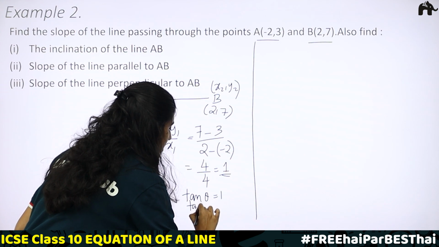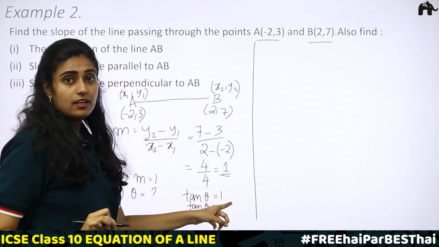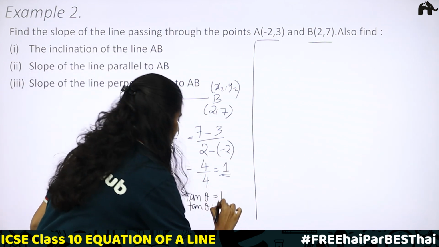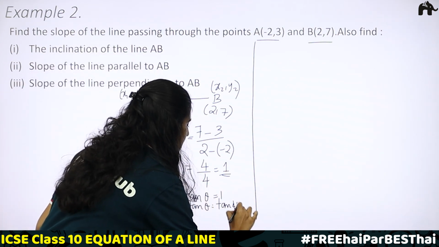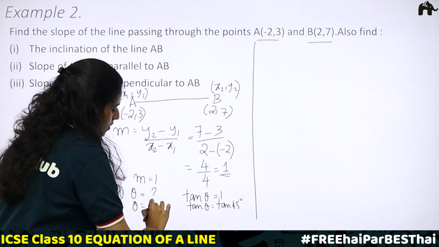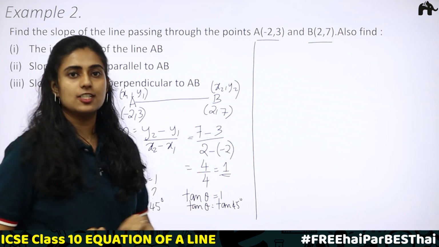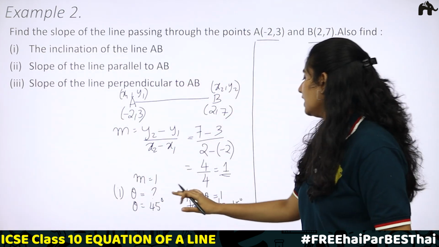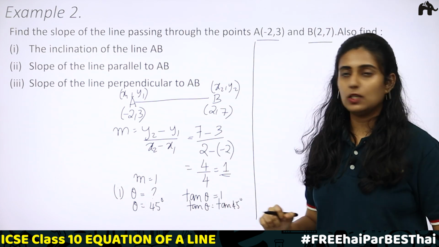Tan of which angle gives 1? Tan 45 degree. Correct. Which means the inclination theta will be equal to 45 degree. Only when the angle is 45 degree, we get the slope m is equal to 1.